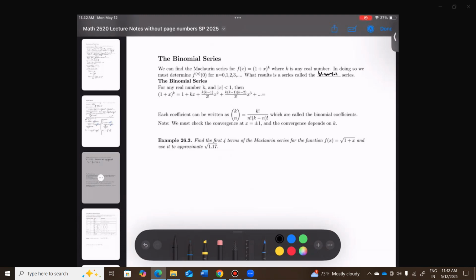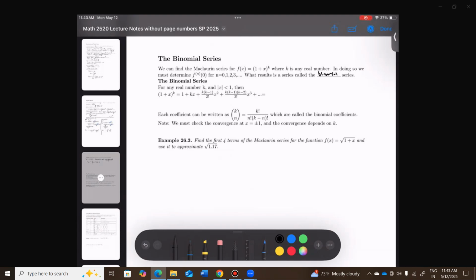For any real number k, with the absolute value of x less than 1, 1 plus x to the k is 1 plus kx plus k times k minus 1 over 2 factorial x squared plus k times k minus 1 times k minus 2 over 3 factorial x to the third, and that's because the power comes down in front of these.